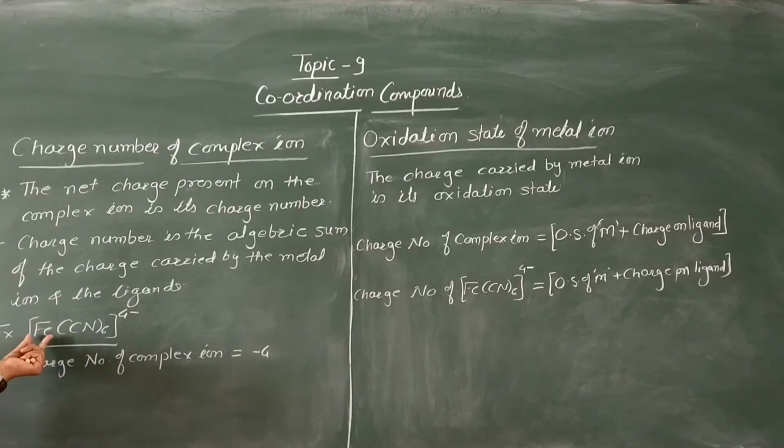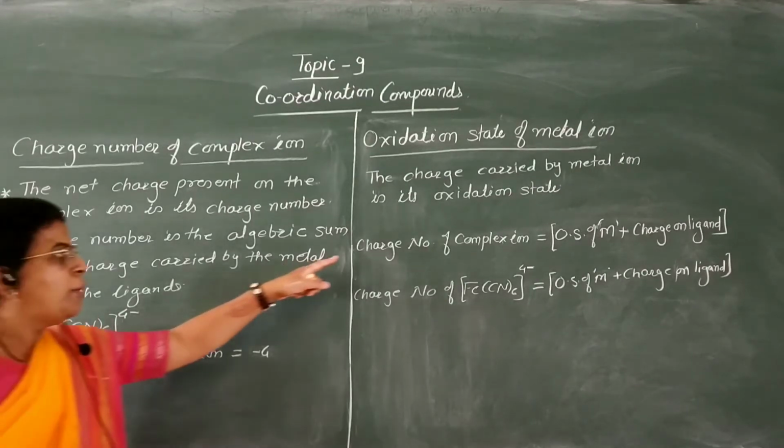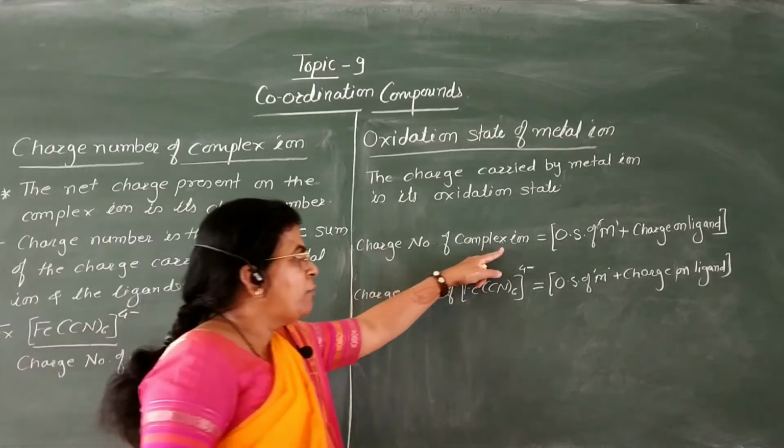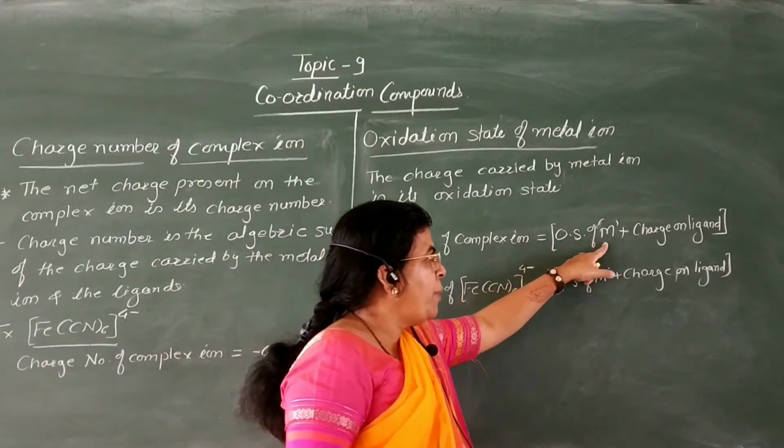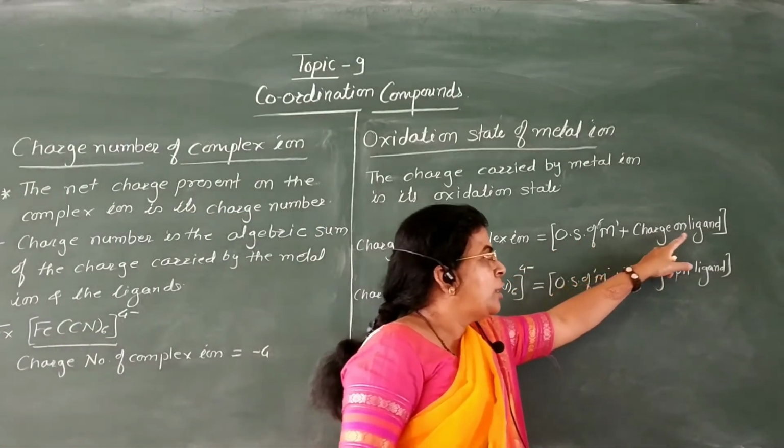That is, the oxidation state of this metal ion and the total charge on the ligands are added algebraically. Now the charge number of complex ion is equal to the oxidation state of metal ion plus the charge on the ligands.